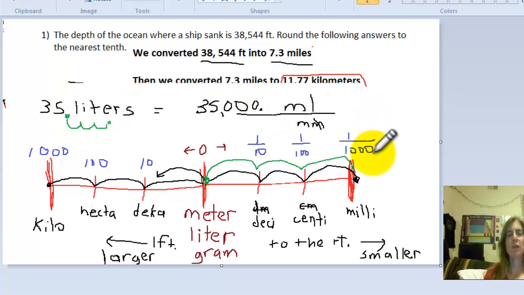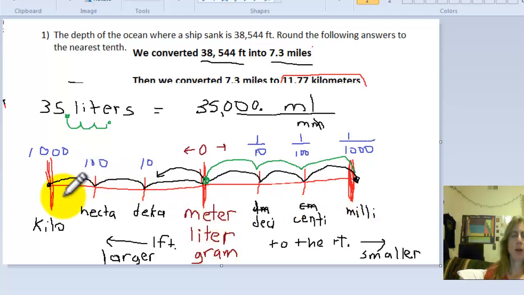And that makes sense because 1,000 milli anything is in the center. So 1,000 millimeters in 1 meter, 1,000 milliliters in 1 liter, 1,000 milligrams in 1 gram.